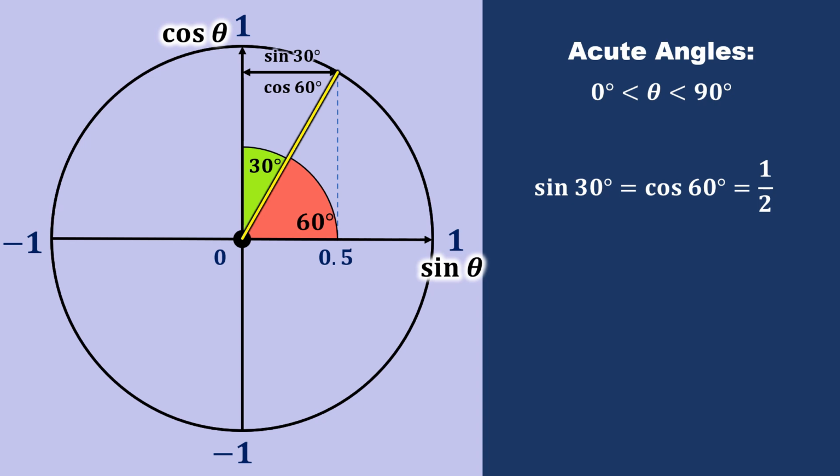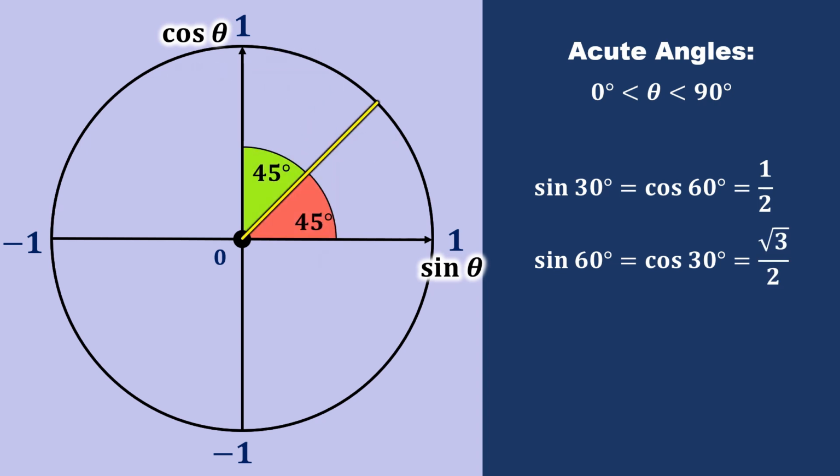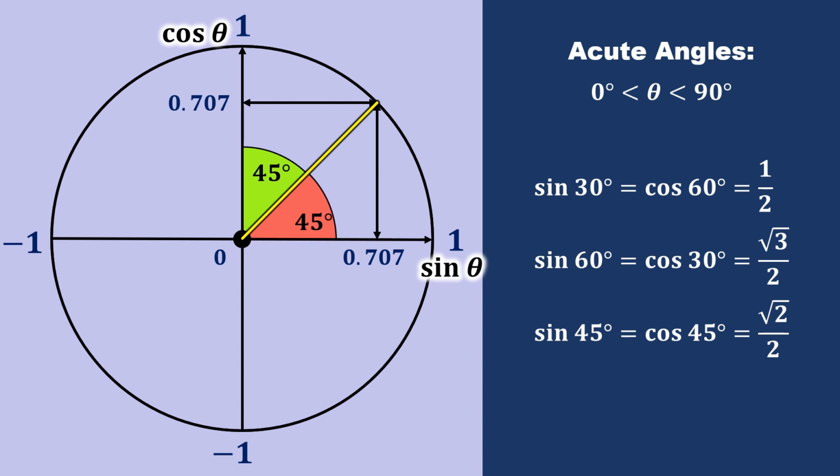In the same way, sine 60 is equal to the cosine of 30, with a value of square root of 3 over 2. 45 degrees is the only angle that is the same as its complementary angle. Therefore, sine 45 is equal to cosine 45, with a value of square root of 2 over 2.